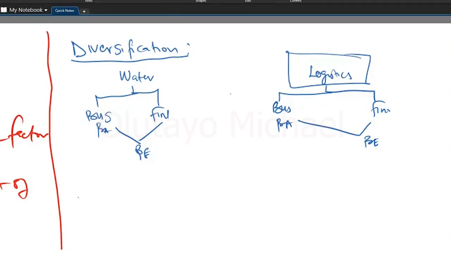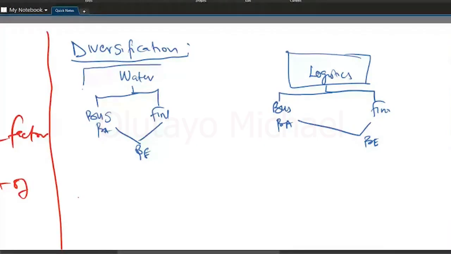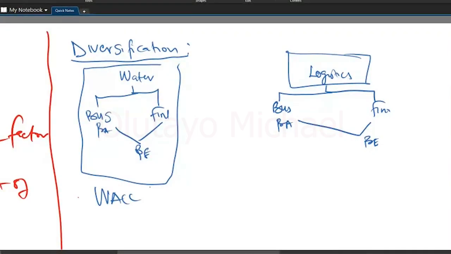But already for this water business, I have my cost of capital that I'm using to finance it. If I estimate the cash flows from this logistics business, maybe in year 1 I may see 10 million naira, in year 2 I may see 24 million naira, in year 3 I may see 50 million naira as cash flows.